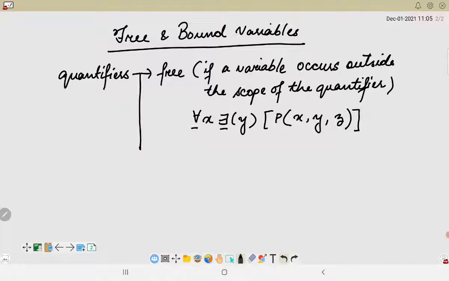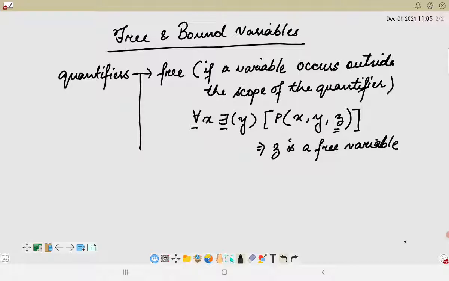But we are not associating any quantifier with z, though it is there in the representation or in the knowledge base. So z is not interacting with any quantifier, and hence we can consider z a free variable. We do not need to represent this z using any sort of quantifier.